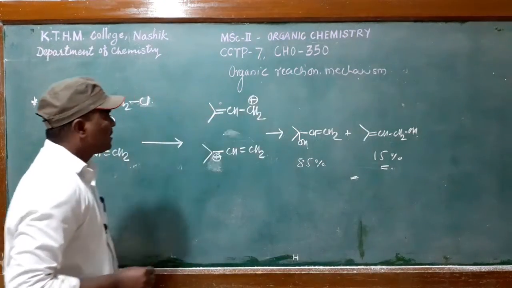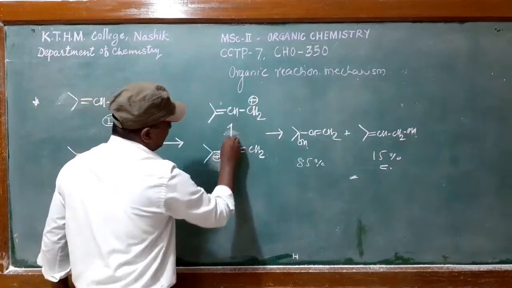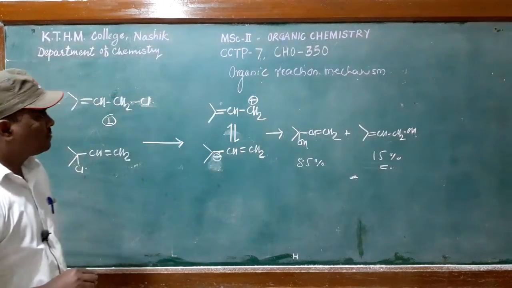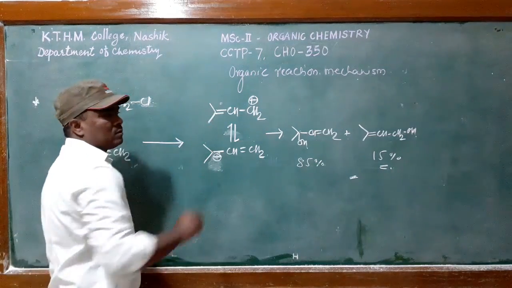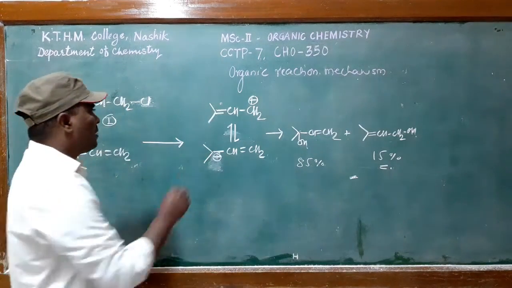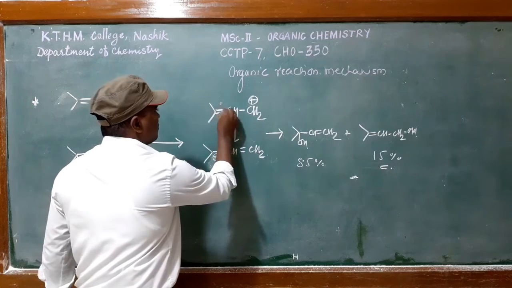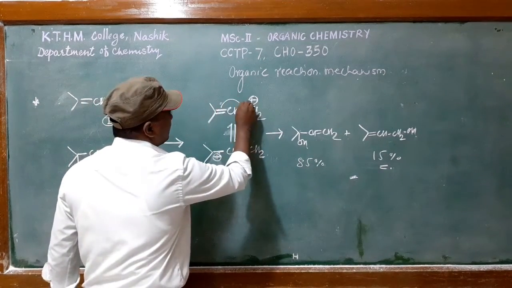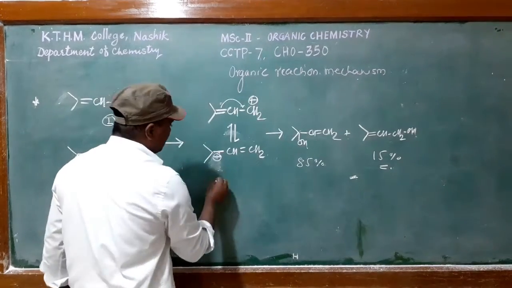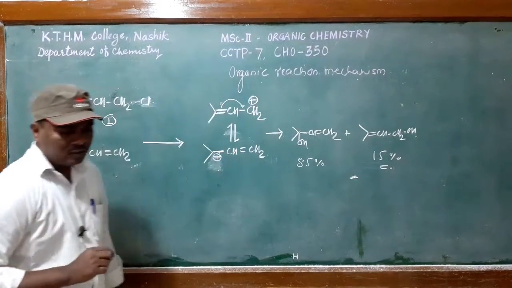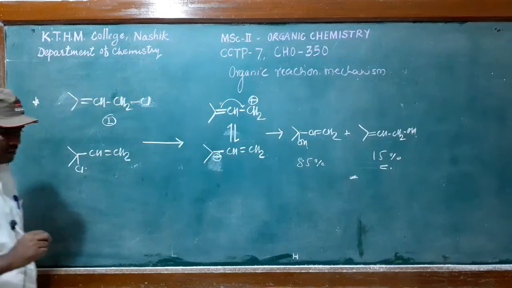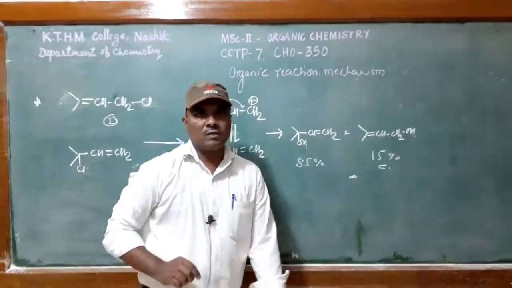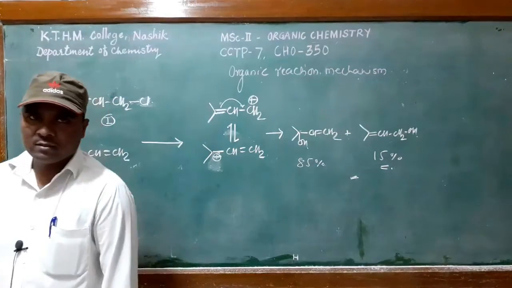So what it indicates is that this primary carbocation is in conjugation with this pi bond. So ultimately it stabilizes it and it gives this tertiary carbocation in major amount, and subsequently it delivers the tertiary alcohol as the major product.